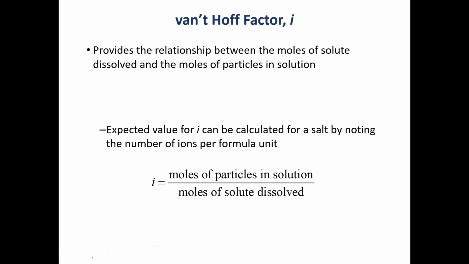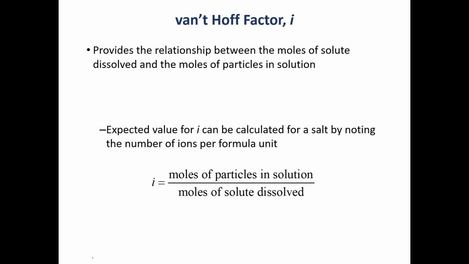So the equation that we talked about for osmosis, and actually for some of the other colligative properties, doesn't take into account the fact that ionic compounds produce more moles of solutes than we actually dissolved.